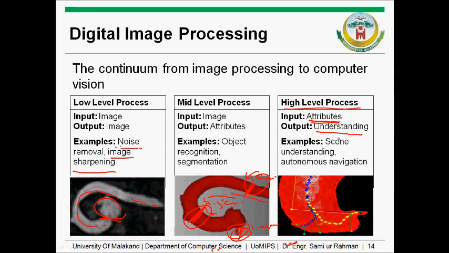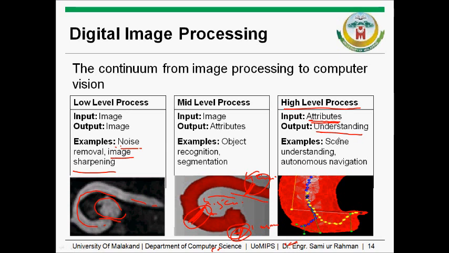For example, if I have images of different humans, and from these images I compute the height, then on the basis of height I can classify the different people. I compute different attributes from these images, and then I use those attributes for some sort of classification.